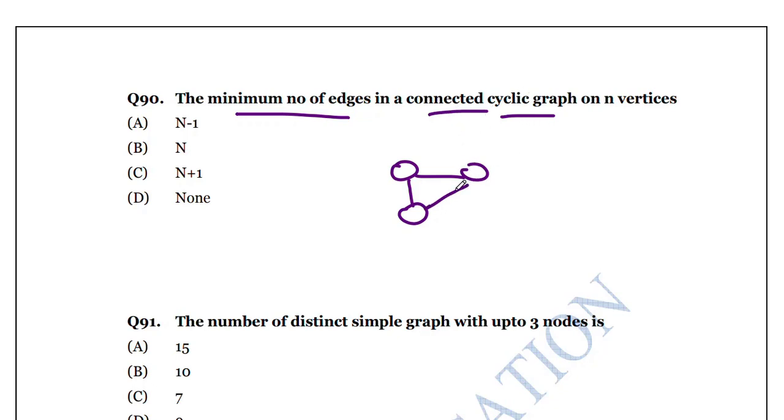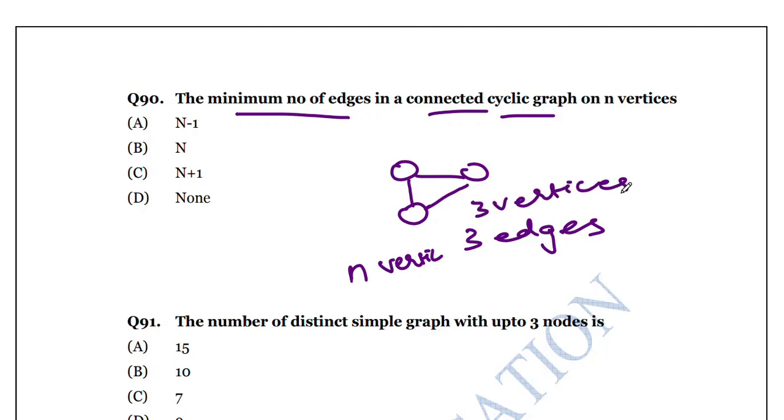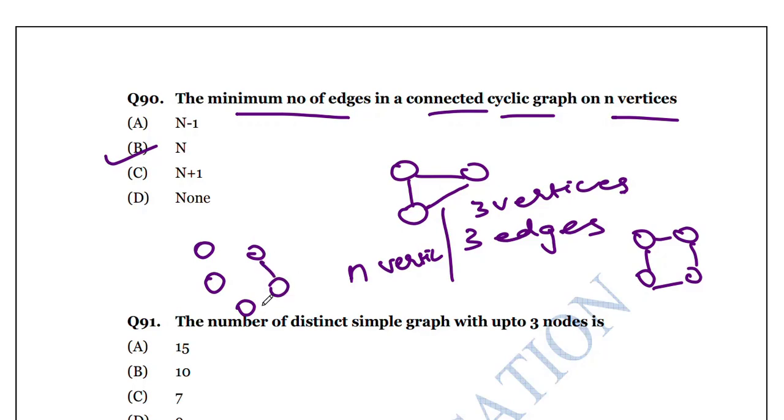So if there is a cycle of 3 vertices, I need 3 edges, right? So if there are n vertices, I need n edges to provide a connected cyclic graph. If there are 4 vertices and I want a cycle, 4 edges are required. If I have 5 vertices, I need 5 edges to make it a connected cyclic graph.